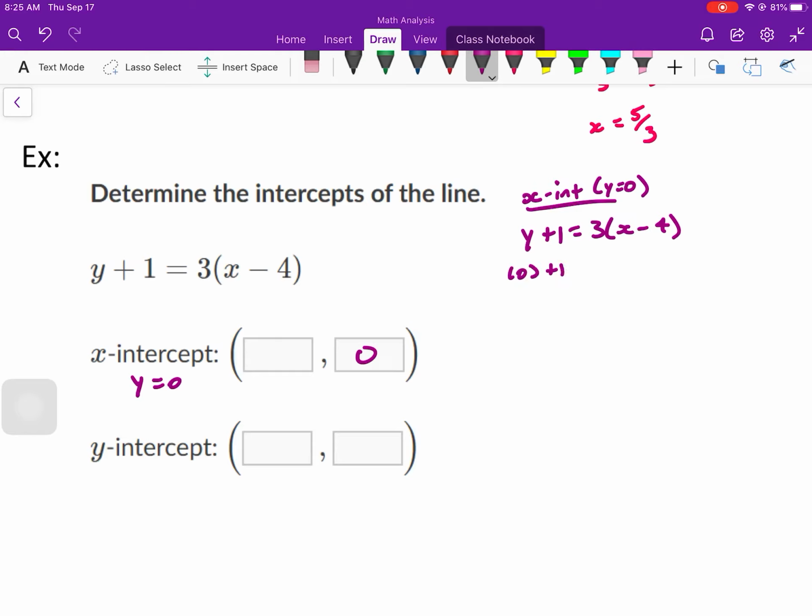And so substitute a 0 in for the y. Distribute the 3. And then solve for x. And I get that x equals 13 over 3.